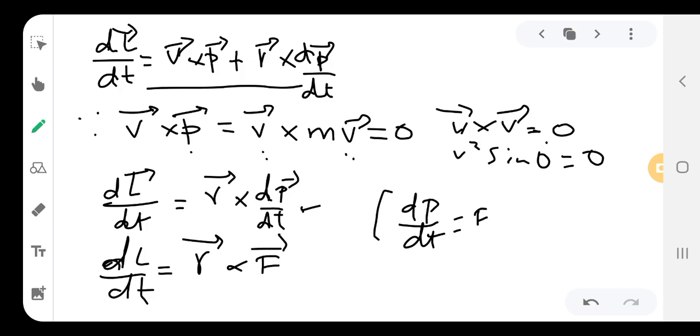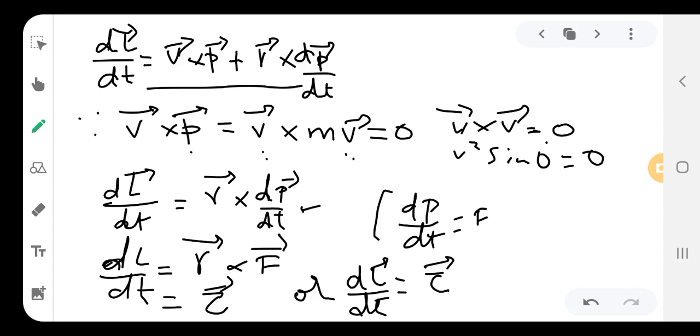So what is this? We have learnt that it is tau, the torque. Therefore, what is the relation between torque and angular momentum? The rate of change of angular momentum is equal to the torque on the body. This is the final relation.